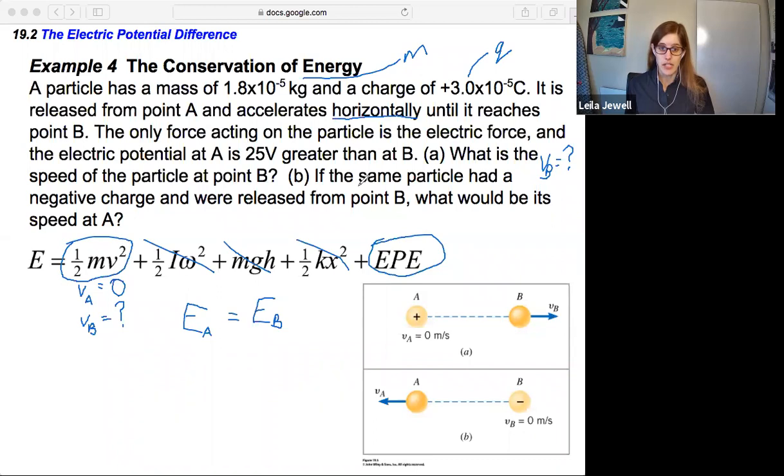Q is also handy. There's also this 25 volts. What does the 25 volts correspond to? Well, notice it says the electric potential at A is 25 volts greater than at B. That's trying to tell us that if we took the difference between them, VA minus VB, we'd find that the difference is positive 25 volts.